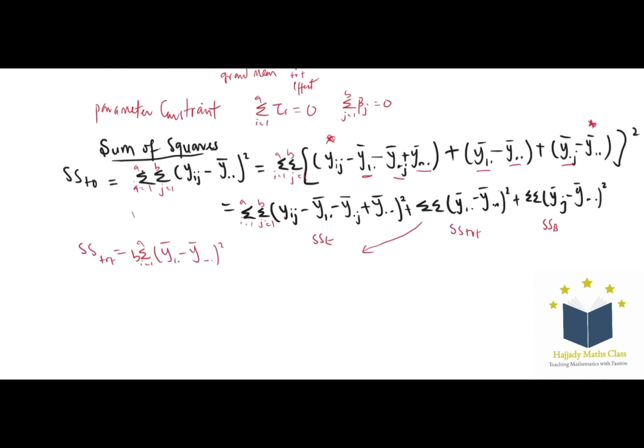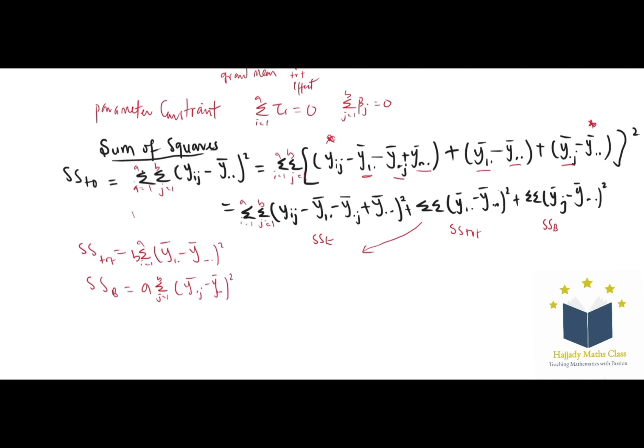Likewise, my sum of squared block, you're going to have a sum from j from 1 to b of (y dot j bar minus y dot dot bar), which is the grand mean, squared.